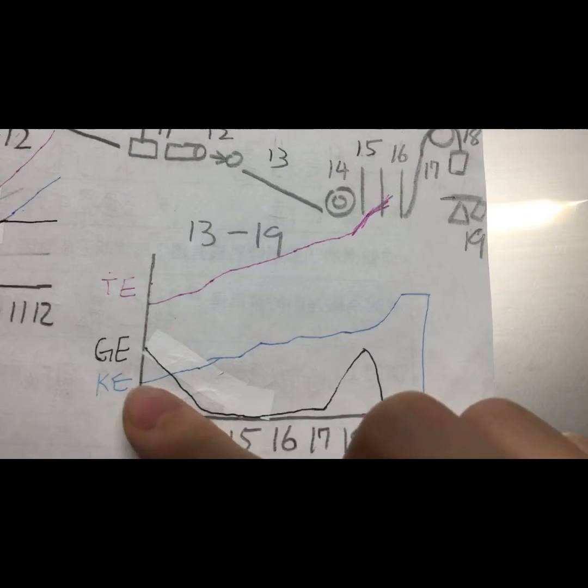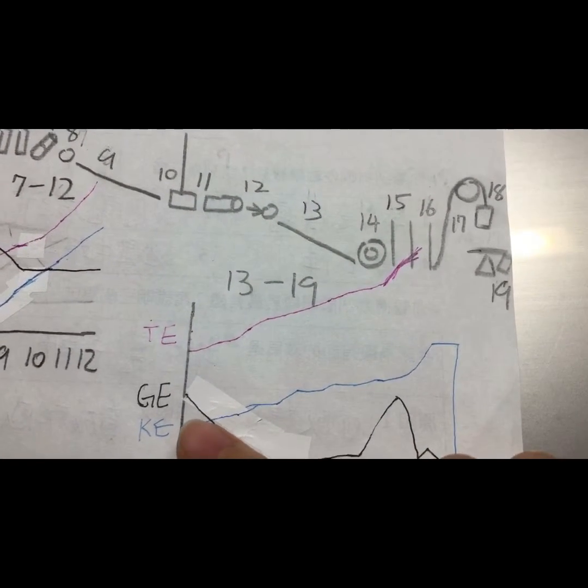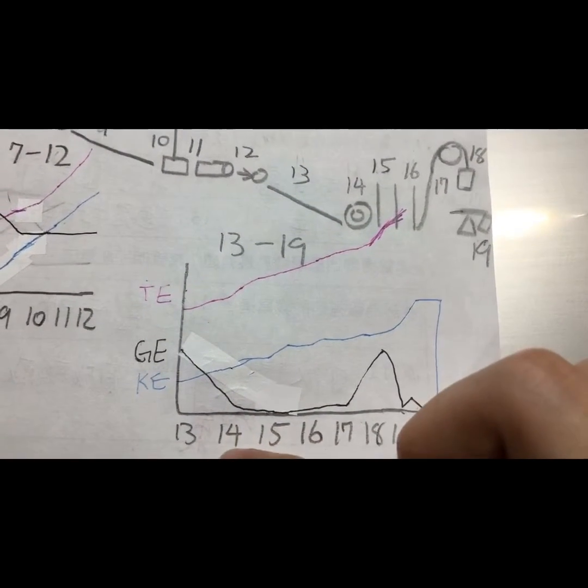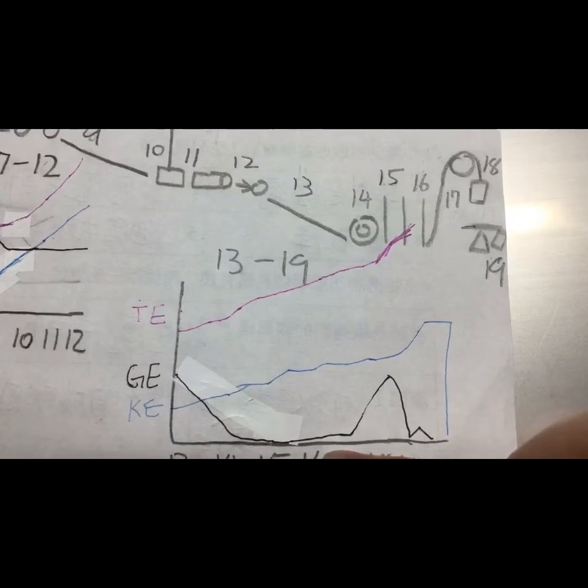And for my gravitational potential energy, the Rubik's Cube machine is going down, and for the 14th step to the 17th step, it's on the floor, so it's nearly zero.